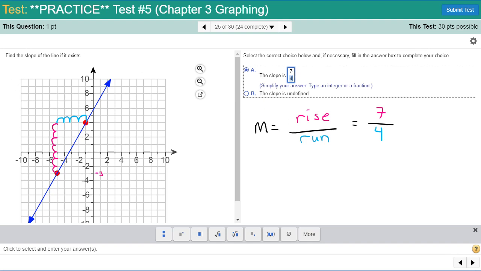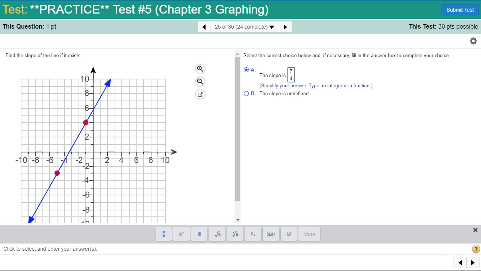But let's go back and actually do it the algebraic way, which would be what we did in question 23 and 24. So again, if we identify the ordered pair for this red point down here, which I think we said was (-5, -3), and if we identify the ordered pair for this point here, which we said was (-1, 4), we can go ahead and algebraically verify that this is in fact the correct slope, this 7 over 4.